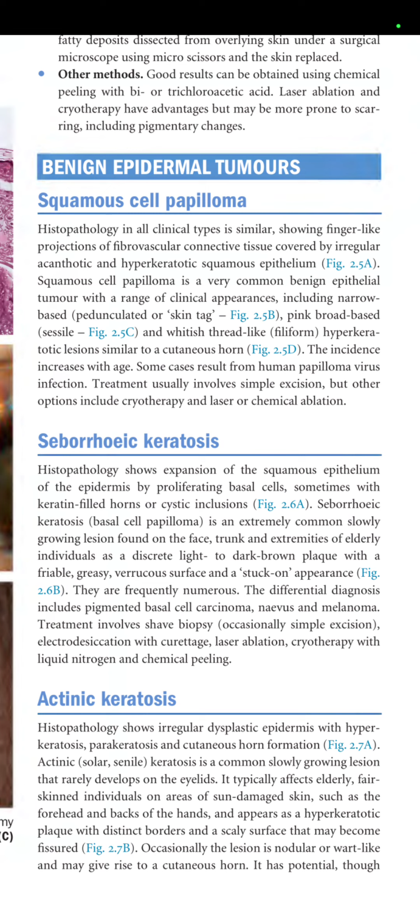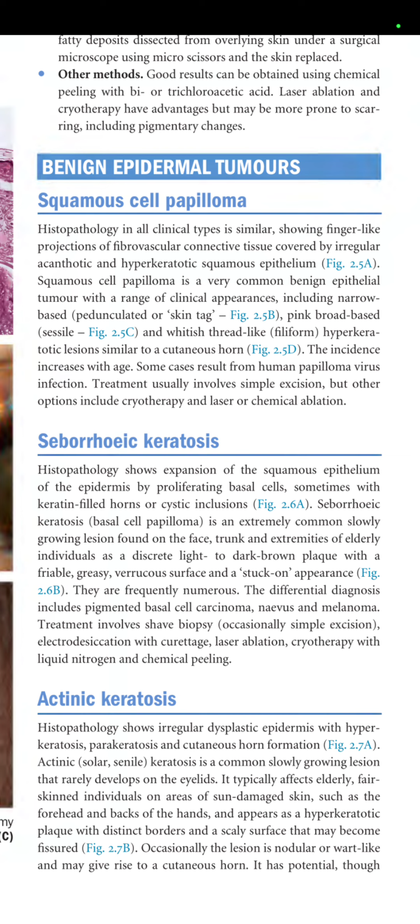Squamous cell papilloma histopathologically in all clinical types is similar, showing finger-like projection of a fibrovascular connective tissue covered by the irregular acanthotic and hyperkeratotic squamous epithelium.